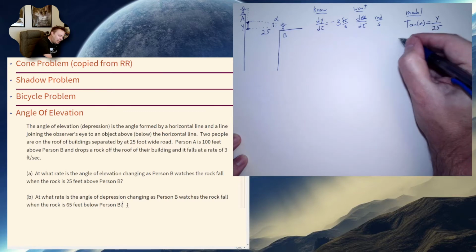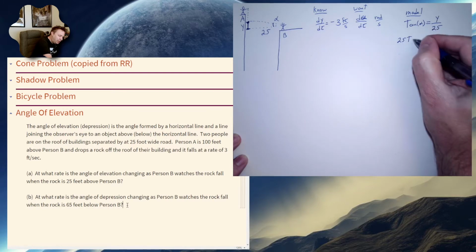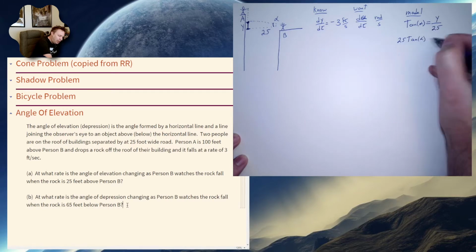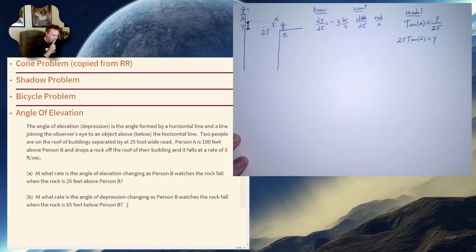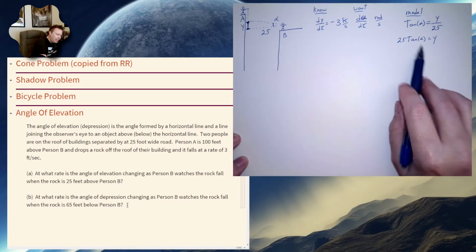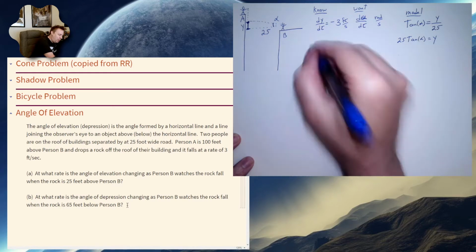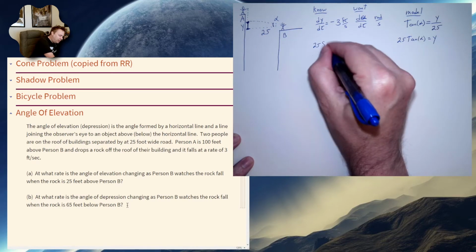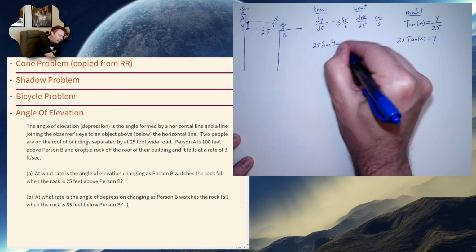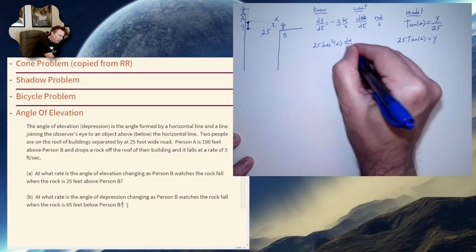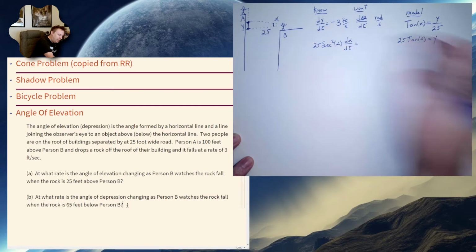Now I like to write this without the fraction. Taking a derivative of this model, I wind up getting 25 secant squared of alpha, d alpha/dt, is equal to dy/dt.